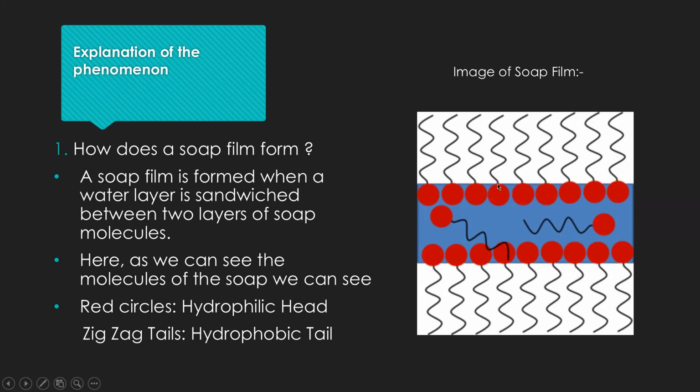That's why the head is pointed towards the water, and that's why we see the sandwiched layer in the image. And the zigzag tails represent the hydrophobic tail, which means water scaring, they don't like water. So they are faced in the opposite direction of the water.